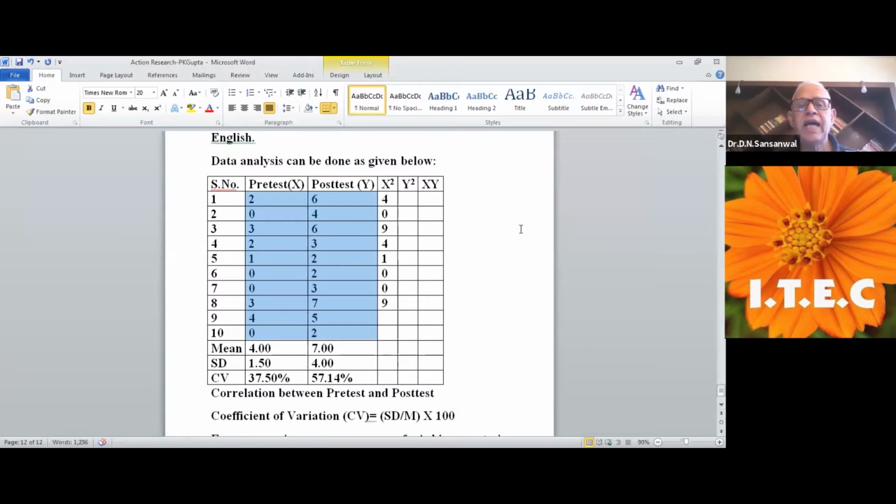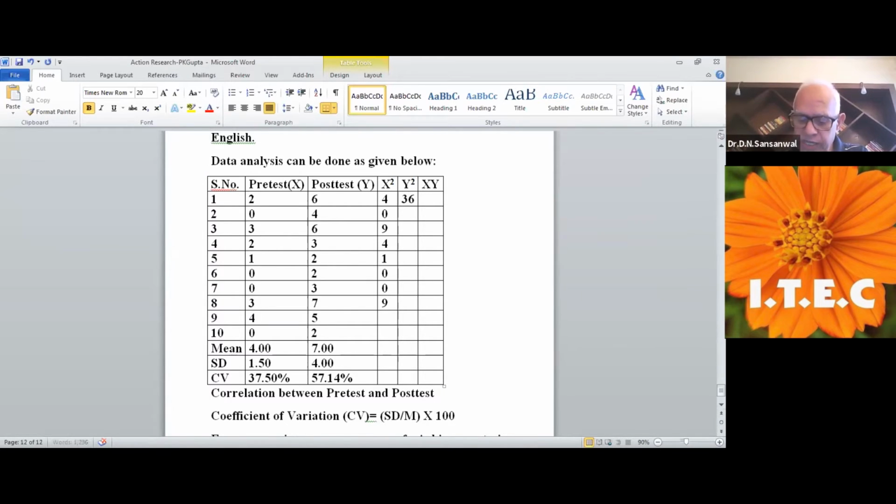You see, I was doing this yesterday when we got disturbed. You can calculate x square for the pre, and you can calculate y square for the post.